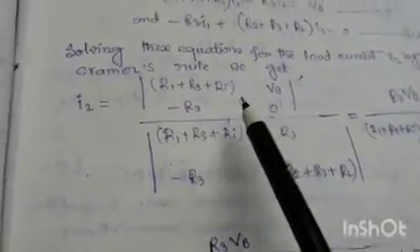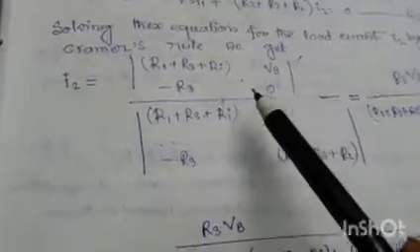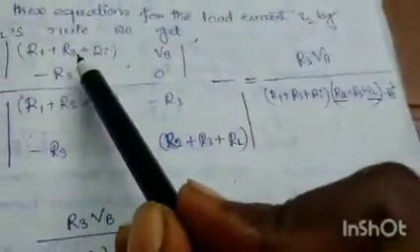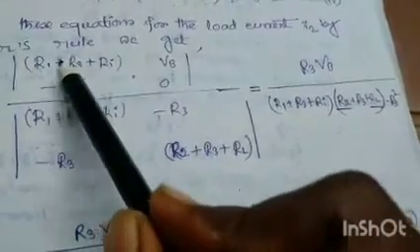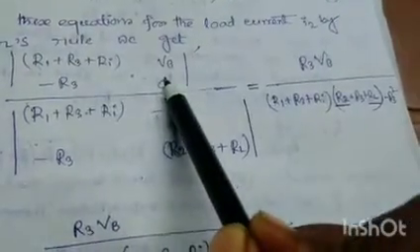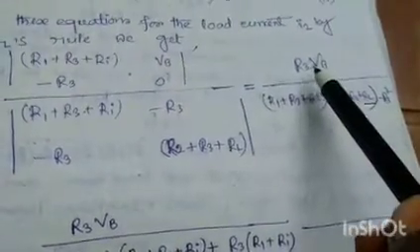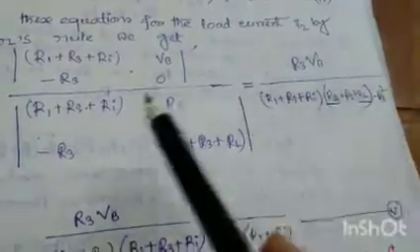So this is the simple determinant. After solving this determinant, R1 plus R3 plus Ri into 0 minus of Vb R3, this minus minus plus, this is R3 Vb.